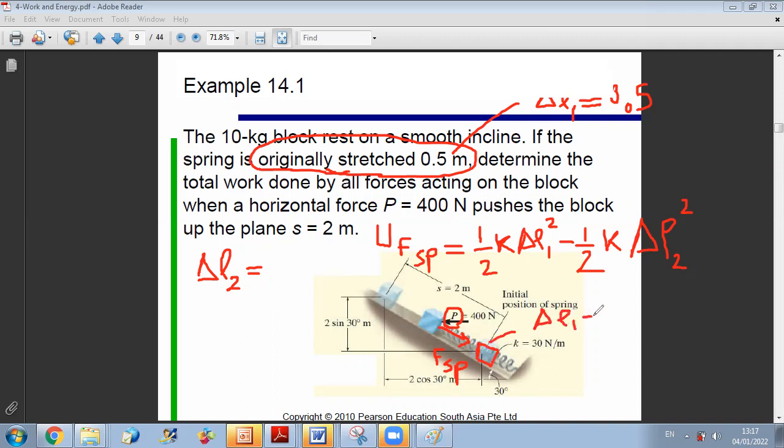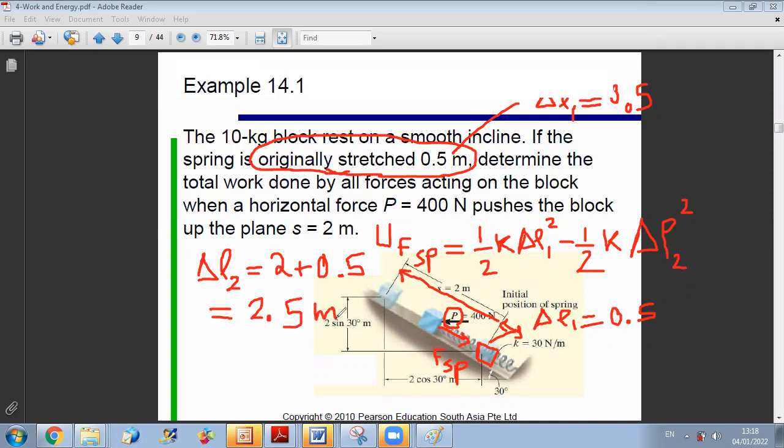And now you are stretching more. Meaning you are adding 2 meters of stretching in addition to the 0.5 meter. So what will be the total stretching? The total stretching is 2 plus 0.5. It's 2.5. So delta L2 is 2 plus 0.5 equals 2.5 meters.